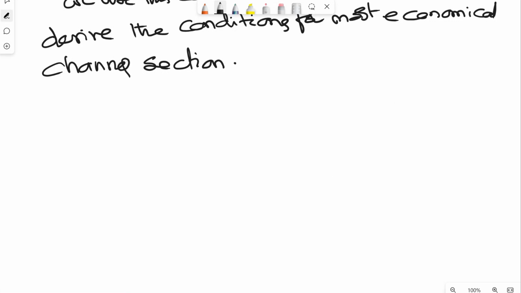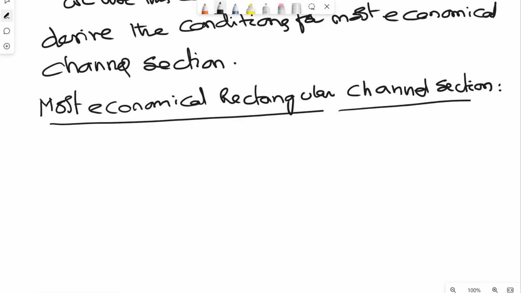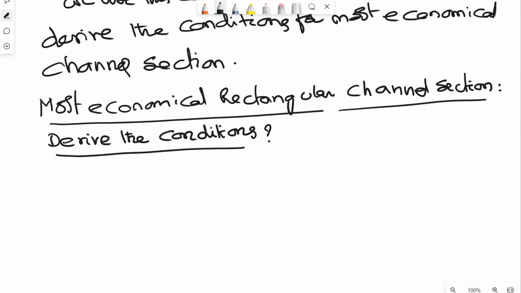So tomorrow, if somebody asks you to derive the conditions for most economical rectangular channel section, if that question comes, first I will explain the above thing.